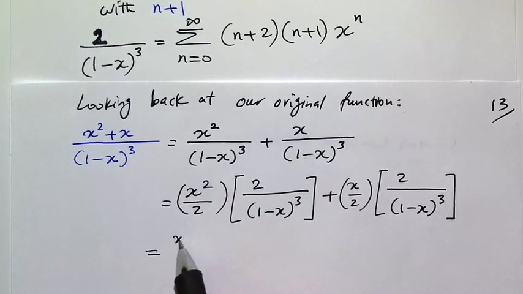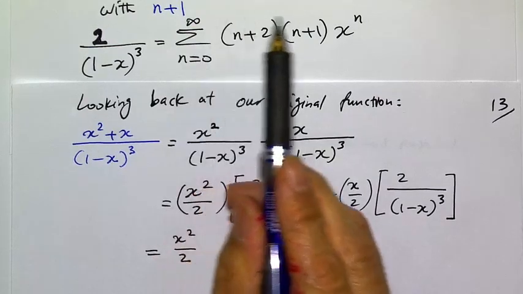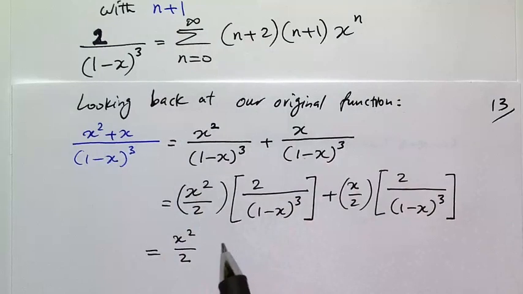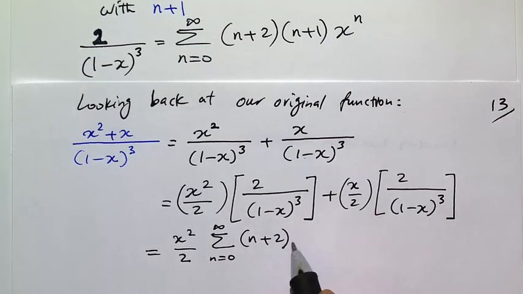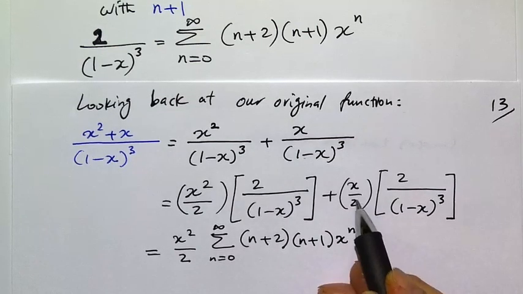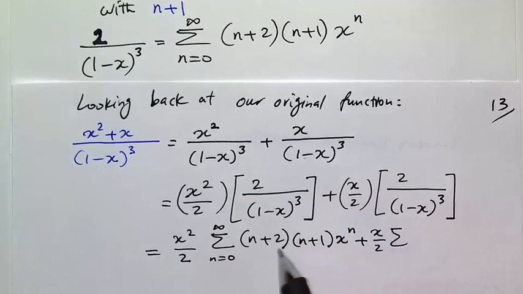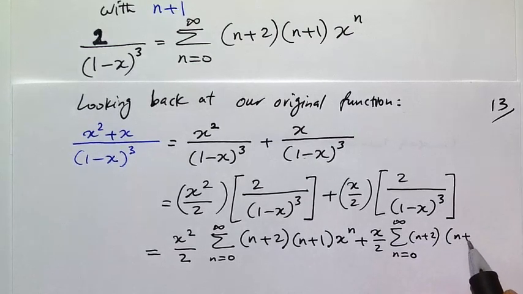So now we have x squared over 2 times, instead of that, I'm going to put that power series. So we have the power series from n equals 0 to infinity, n plus 2 times n plus 1 times x to the n power, plus x over 2, again the same power series, n plus 2 times n plus 1 times x to the n power.